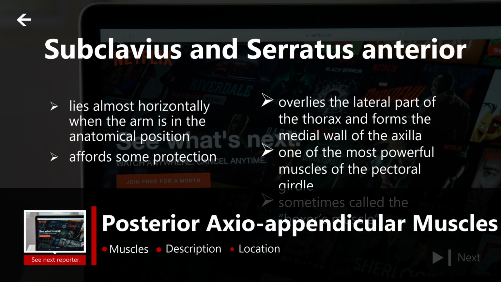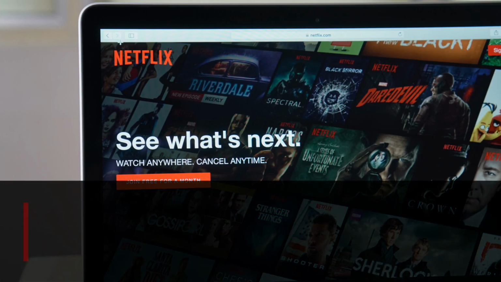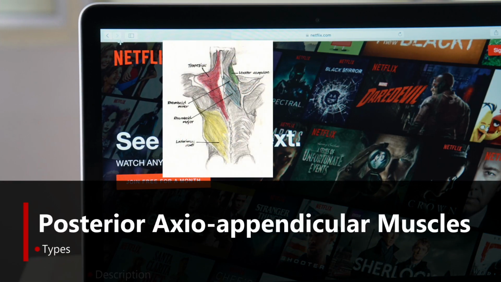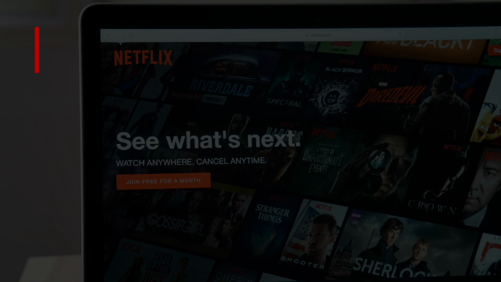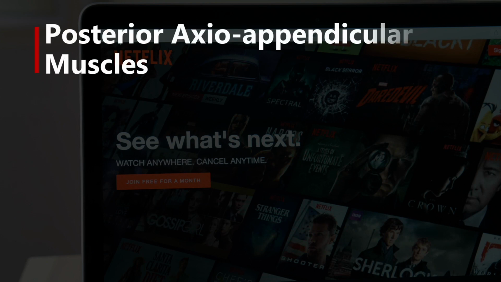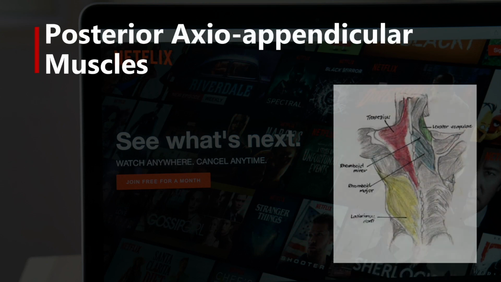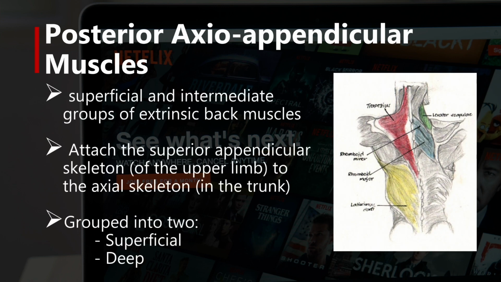Now, let us proceed to the posterior axio-appendicular muscles. The posterior axio-appendicular muscles have superficial and intermediate groups of extrinsic back muscles.